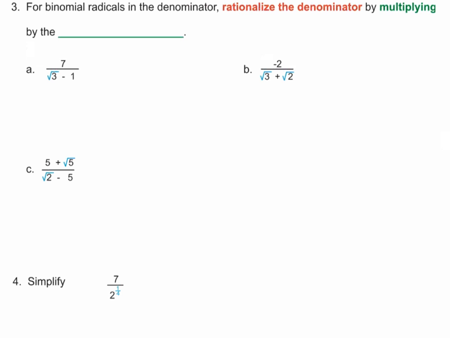Okay, so we did this as well already. Remember, binomial radicals in the denominator, you got to rationalize the denominator by multiplying by the, anybody remember the term? You're after getting a difference of two squares, which means you got to multiply by the conjugate. In Algebra 1, I took time and showed you that multiplying the bottom by the square root of 3 won't work.